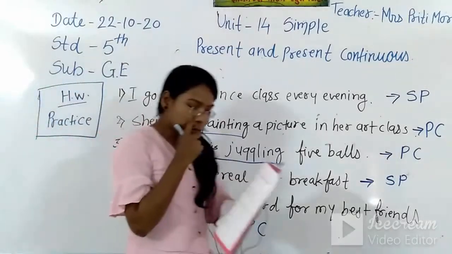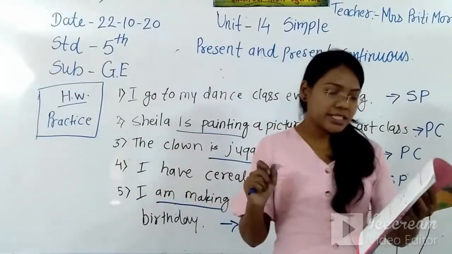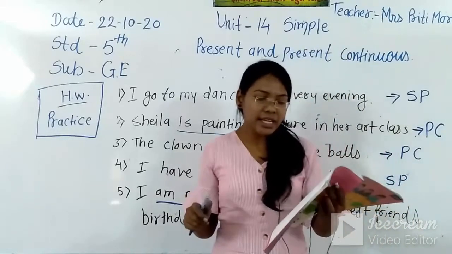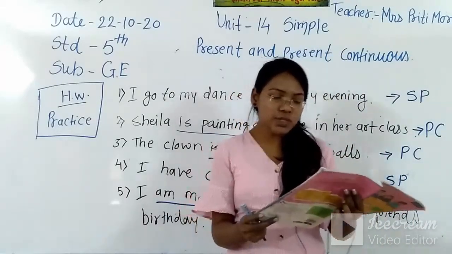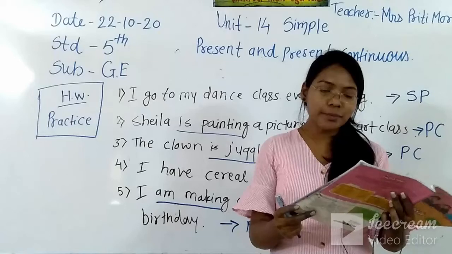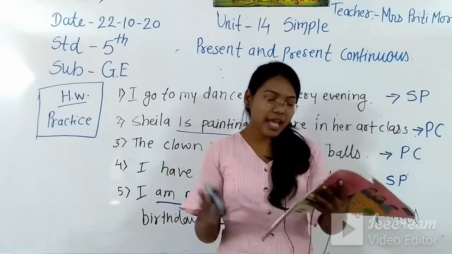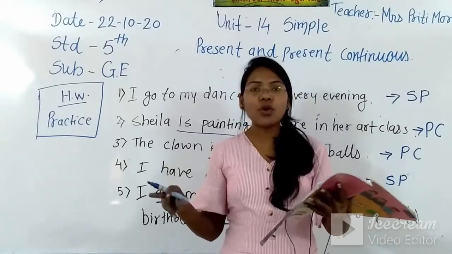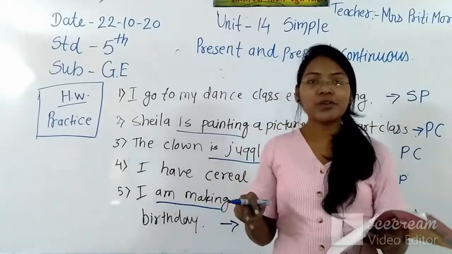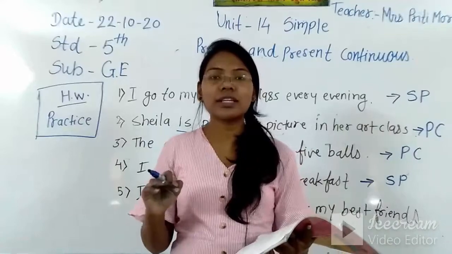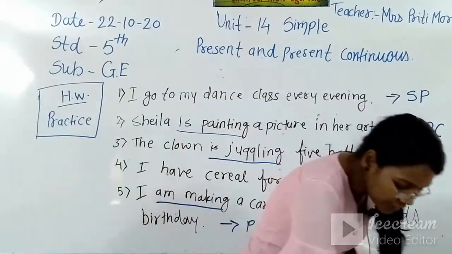Let's do the extension exercise. Extension exercise A. Complete the sentences using the simple present or the present continuous tense form. Now sentences are there and 2 verb options are also there. We just have to write over there the correct verb phrase.